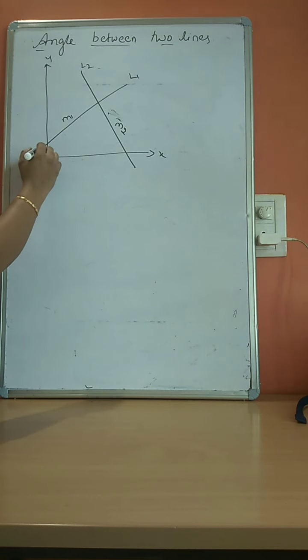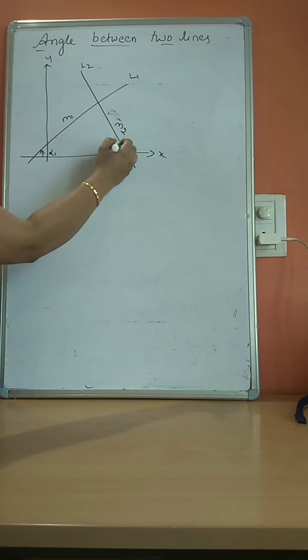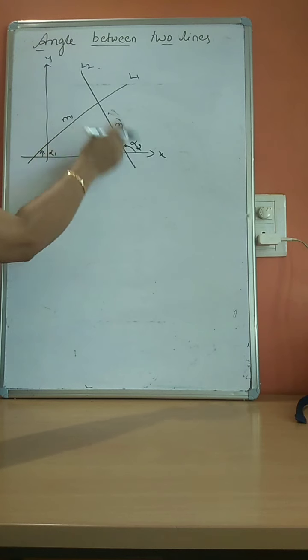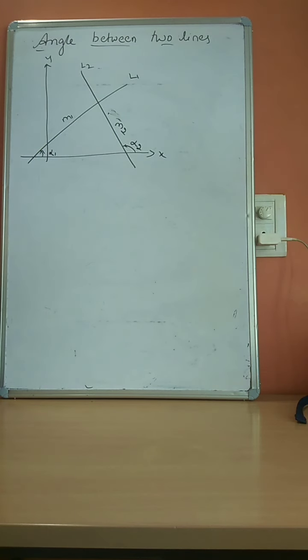Let alpha 1 be the angle made by the line L1 and alpha 2 be the angle made by the straight line L2. Let L1 and L2 be two non-vertical lines with slopes m1 and m2, and alpha 1 and alpha 2 be the angles made by the lines L1 and L2. Okay.